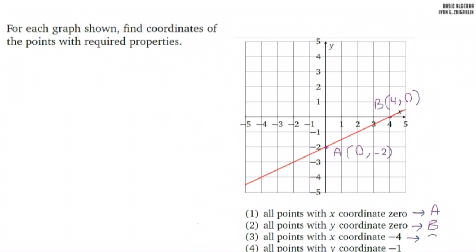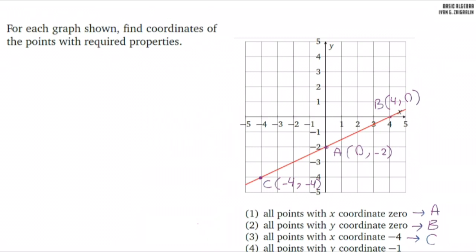And this point is C, which has x coordinate -4 and y coordinate -4. And we have only one point with x coordinate -4.